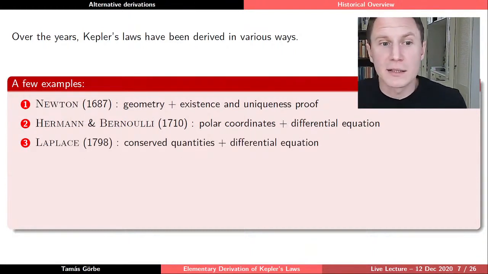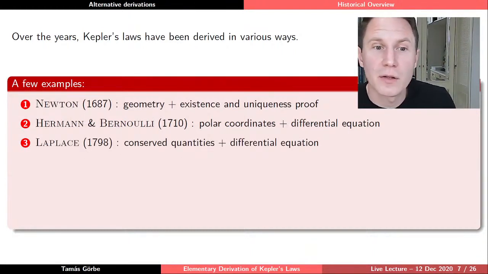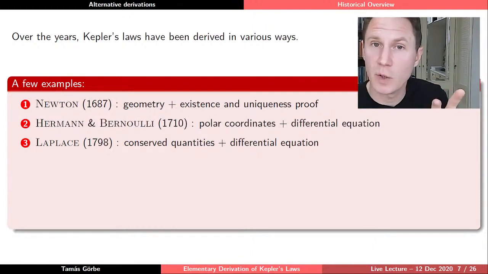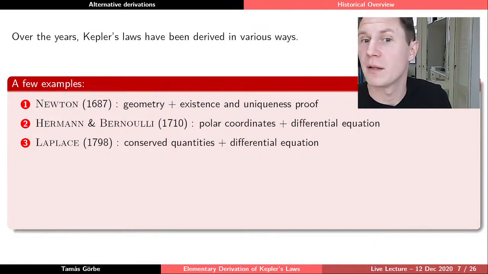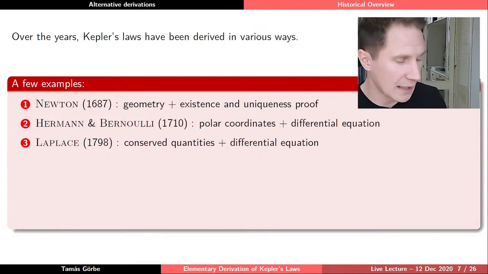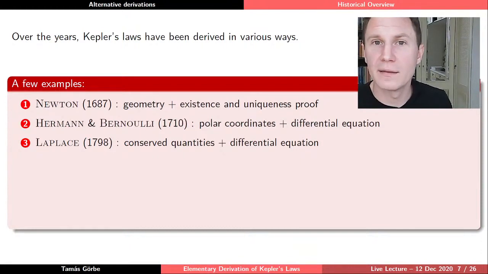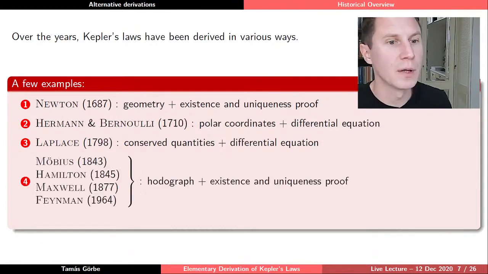Then there was Laplace, the great French mathematician of the late 18th century. He had a different approach where he used these conserved quantities that I'm going to show you, but he also solved the differential equation. So after all, this was a bit more complicated than the thing I want to show you.